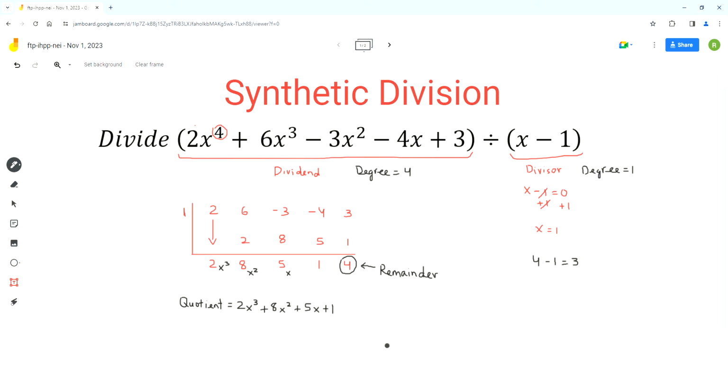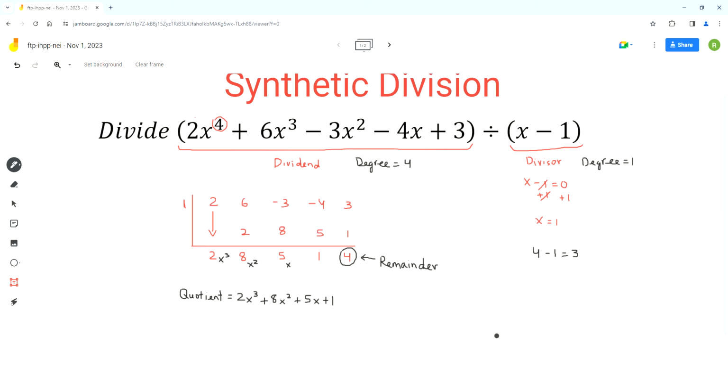There's a very important concept you have to understand and memorize. We can write the result of this synthetic division as a division statement. So we can write our dividend.